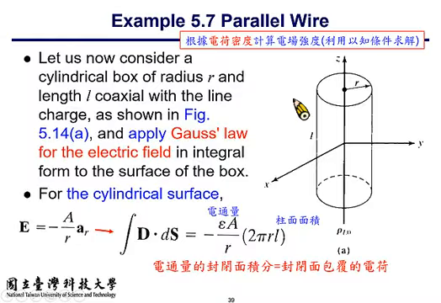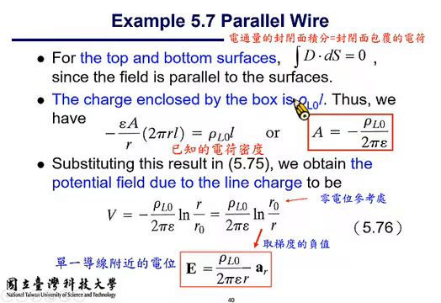So over the cylinder, this is the result on the left-hand side. How about the result on the right-hand side? The right-hand side is the total charge enclosed by the cylinder, which can be found by taking the product of the length L and what?